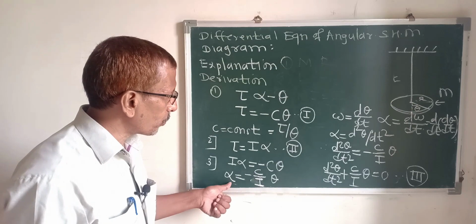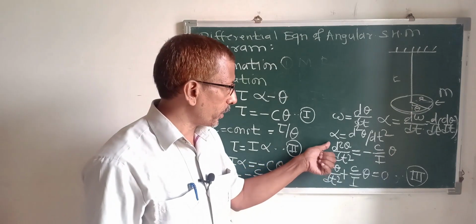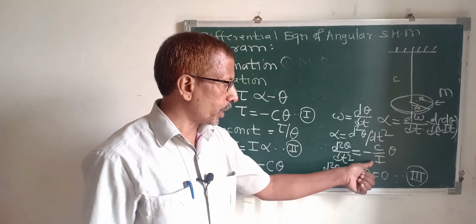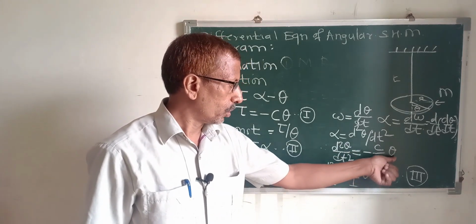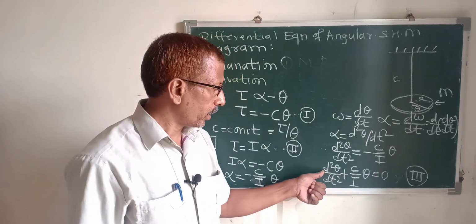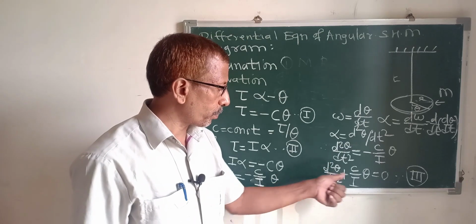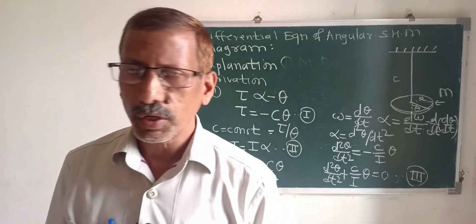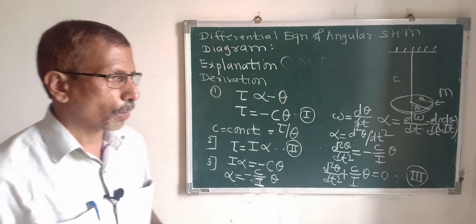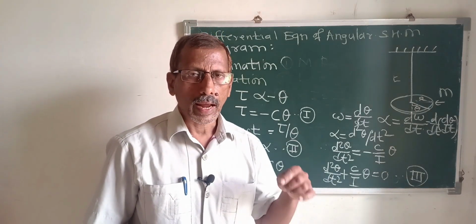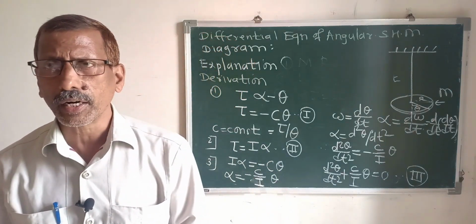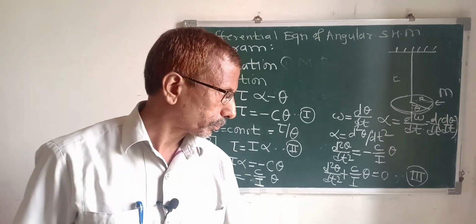Therefore d2 theta upon dt square is equal to minus c divided by I into theta. So rearranging we get d2 theta upon dt square plus c divided by I theta is equal to 0. This equation is the differential equation of angular SHM.